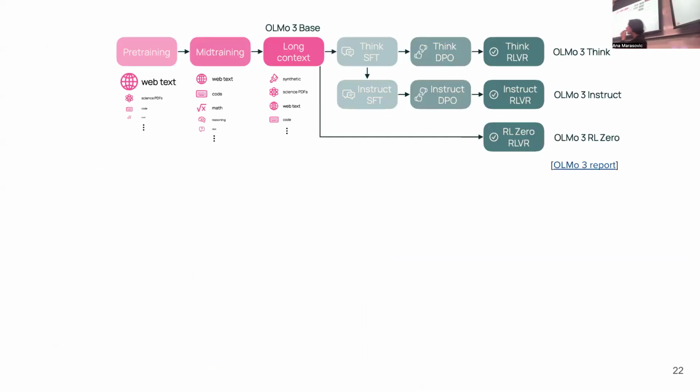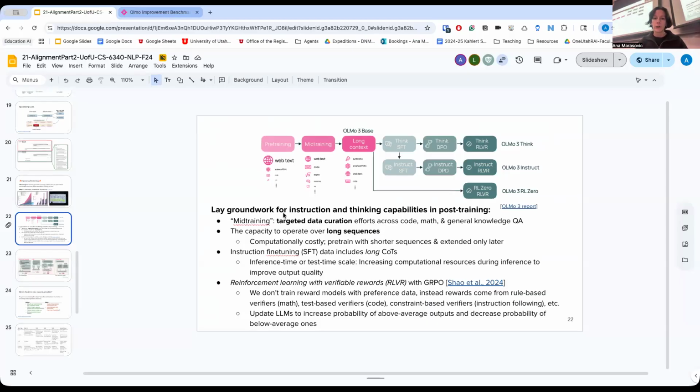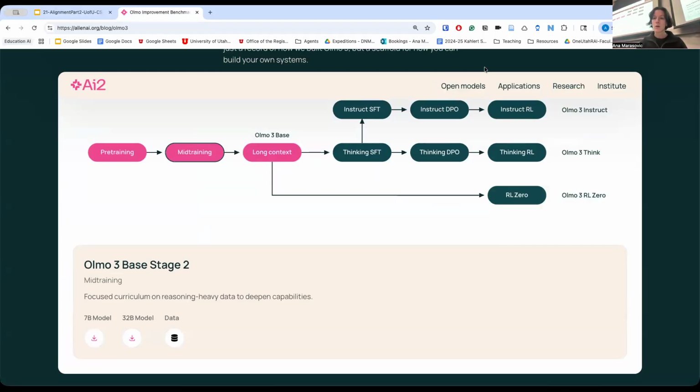Okay, now I'm going to tell you how reasoning language models come about. But for that, I want to refer to the latest open weight language model that has been released, which is Olmo 3.